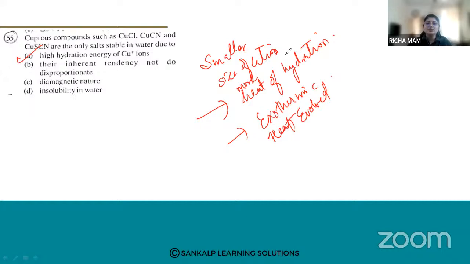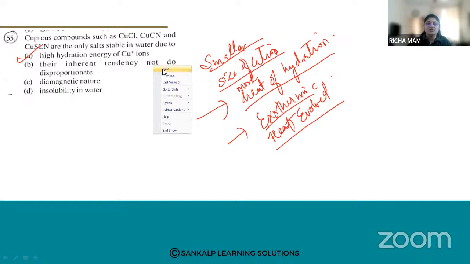Smaller the size of the cation, more is the heat of hydration. As it is exothermic in nature, heat is evolved. So option number A is the correct answer. Okay, let us go for the next one.